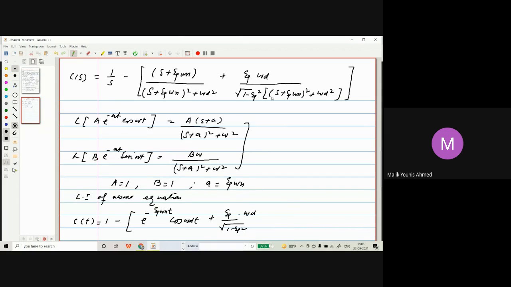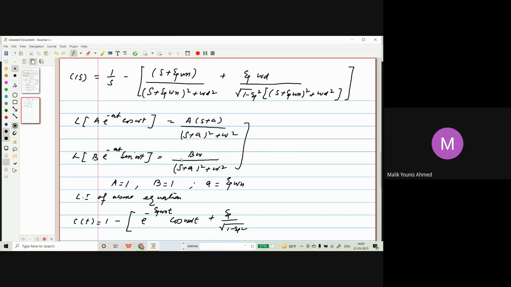Okay, xi, this is fine. Now instead of omega, there is omega d. That we know already. So this is omega d. That's why the b is 1. So omega d divided by s plus xi omega n whole square plus omega d whole square.